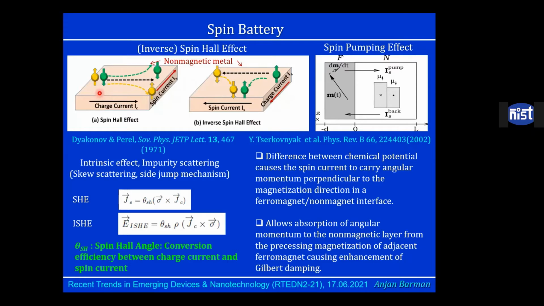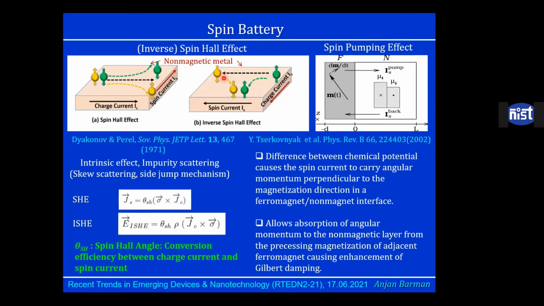But if you have a non-magnet or heavy metal, and a charge current with two different spins is flowing, then due to some scattering or some intrinsic effect, the spins with two opposite polarizations will be split, and they will go to two opposite surfaces and accumulate there, giving rise to a spin imbalance, and that will give rise to a gradient and a spin current.